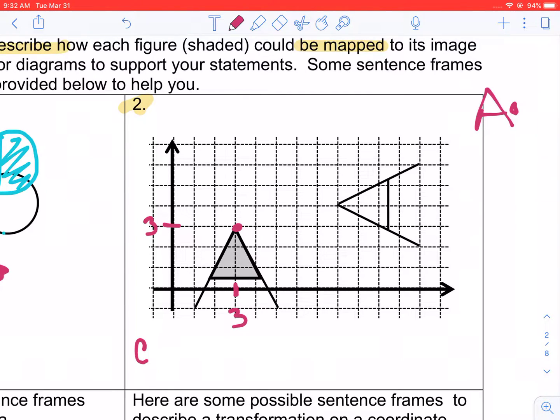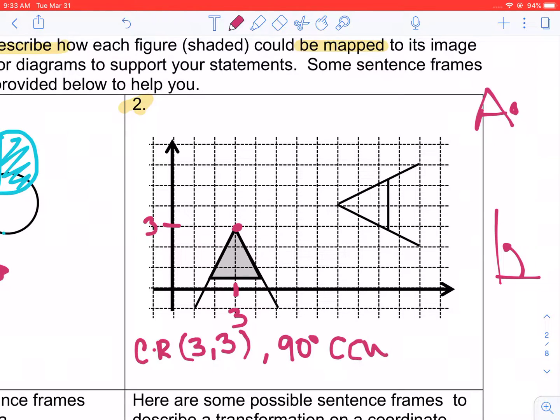So with center of rotation (3, 3), if I notice here, it's pretty obvious that this is a 90-degree rotation. Okay, so I'm flipping this 90 degrees. So I'm going to have a 90-degree rotation counterclockwise. Okay? When I do that, my goal is that I'm going to get a figure like this.